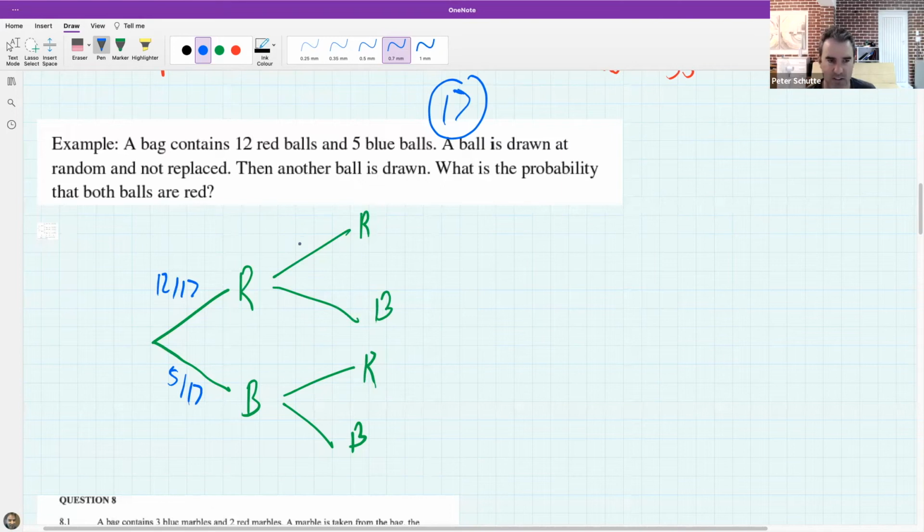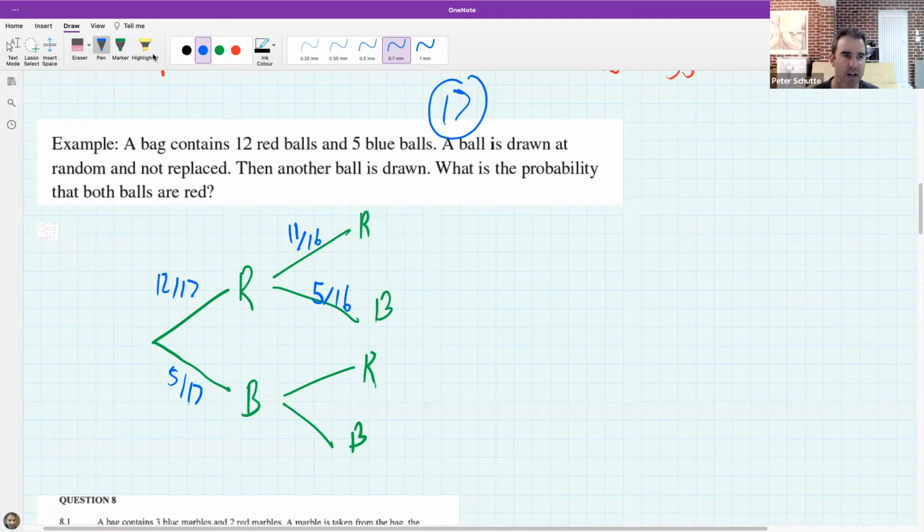Okay, so this is where it gets a bit trickier. If I've chosen red, so I know it's going to be out of 16. It's also going to be out of 16. And I've taken out 1 red, so that should be 11. But I've taken out no blues, so that's 5.